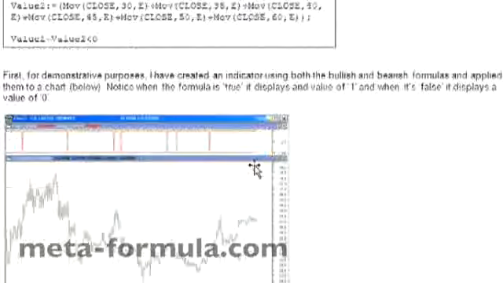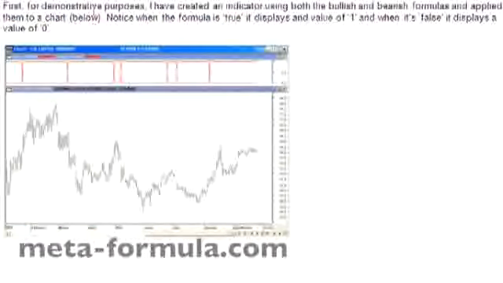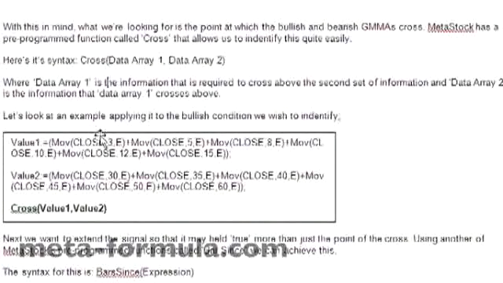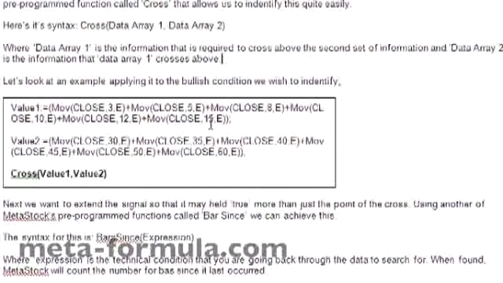In the article I've written for Daryl, you can see I talk through what I just explained to you, and then I went on to talk about how we actually identify where that cross occurs. Metastock has a cross function pre-built into it, and it's quite simple to use.